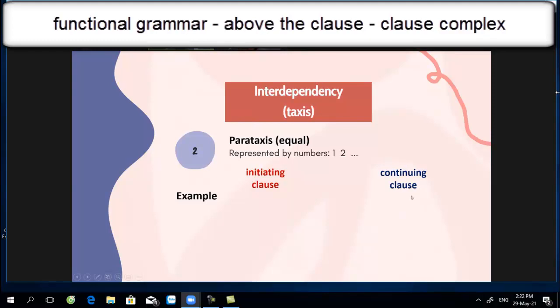Continuing clause is the secondary clause. So in this sentence, John ran away and Fred stayed behind, we can see that the first part, John ran away, is called the initiating clause, and we put the number 1 here. For the next one, we use number 2.